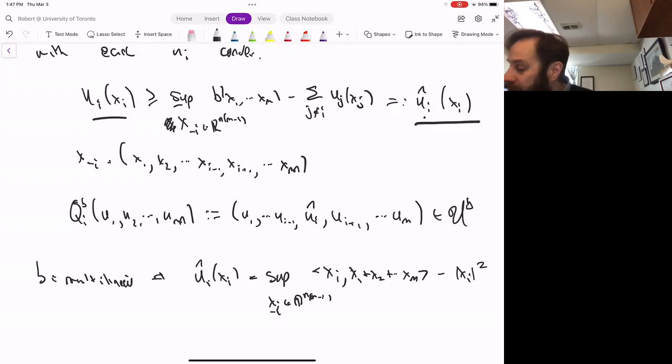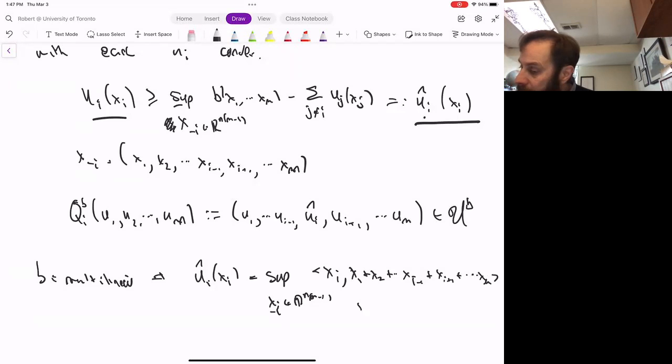Or maybe it's better to not do that because it maybe confuses the issue. So let's get rid of this xi squared and let me be more careful about what's in here. So this sum goes up to xi minus 1, and then it jumps xi, and then it continues up to xm.